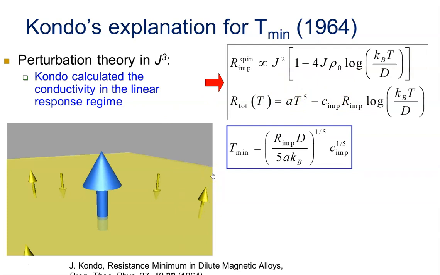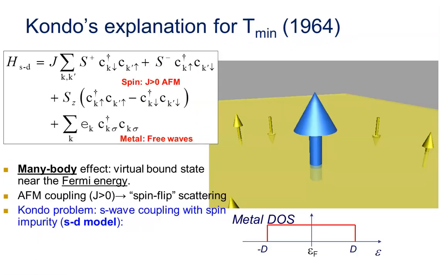I don't think I mentioned that before, but here the assumption is that the electrons are in a conduction band that is essentially squared. It's different than the round one I showed before. That goes from minus D to plus D, and the Fermi energy is precisely at 0.